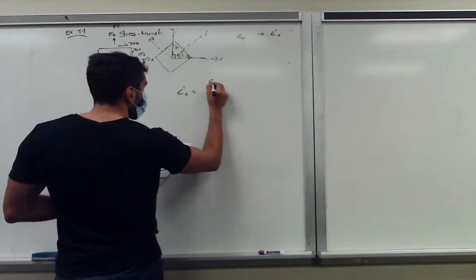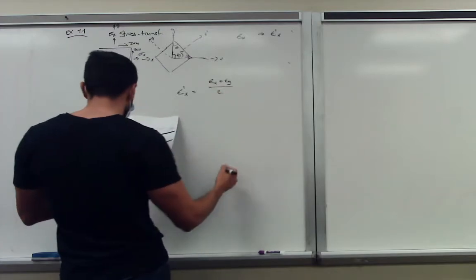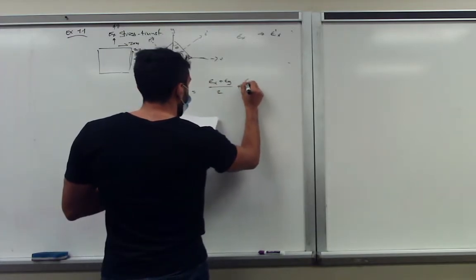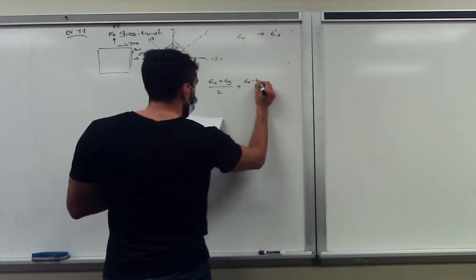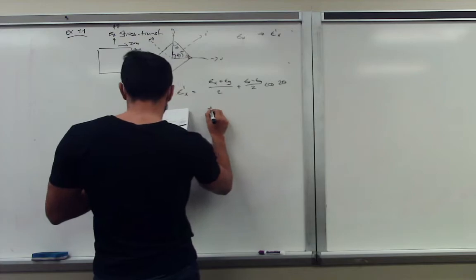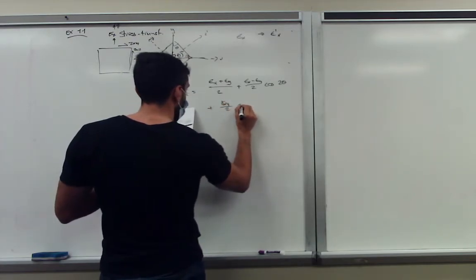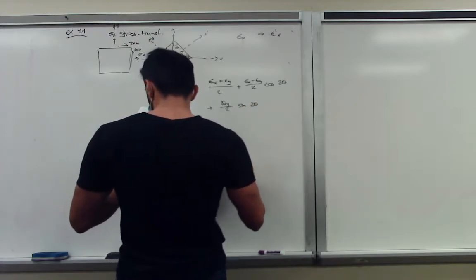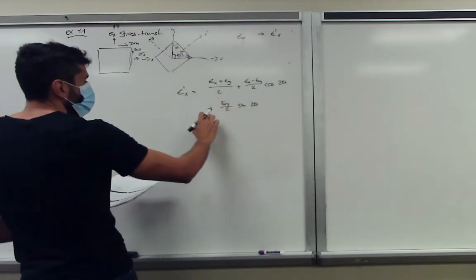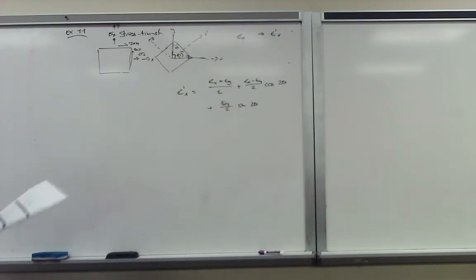In this case, it will be equal to epsilon y plus epsilon x over 2, plus epsilon x minus epsilon y over 2 cosine 2 theta, plus gamma x y over 2 sine 2 theta. And if you change these two signs to minuses, then you get epsilon y, and you can also get gamma x y in the new coordinate system.